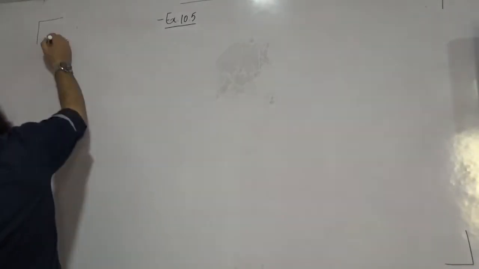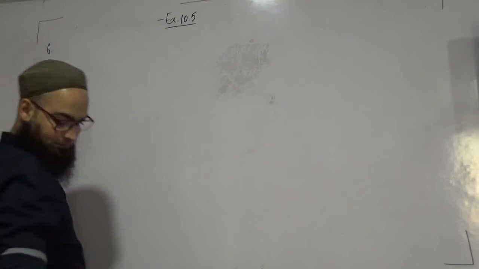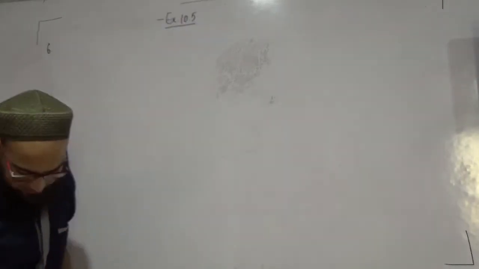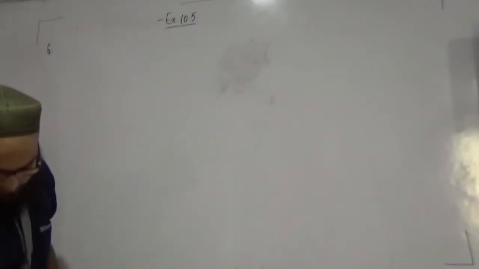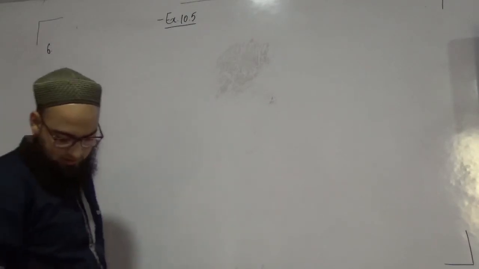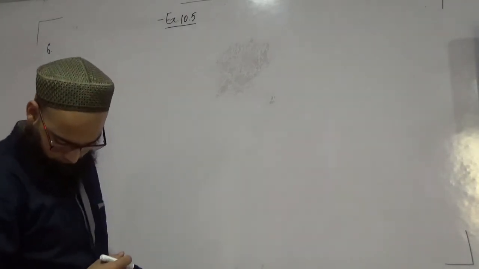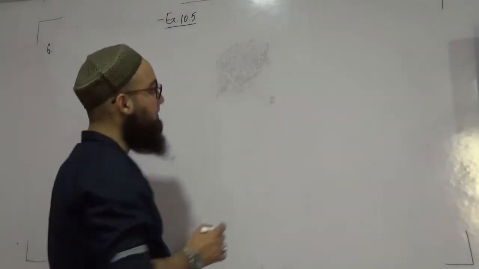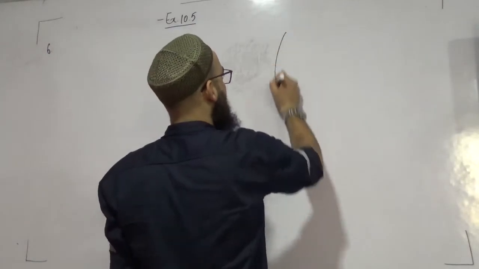Now let's have question number 6. ABCD is a cyclic quadrilateral whose diagonals intersect at a point E. Let me make a cyclic quadrilateral.